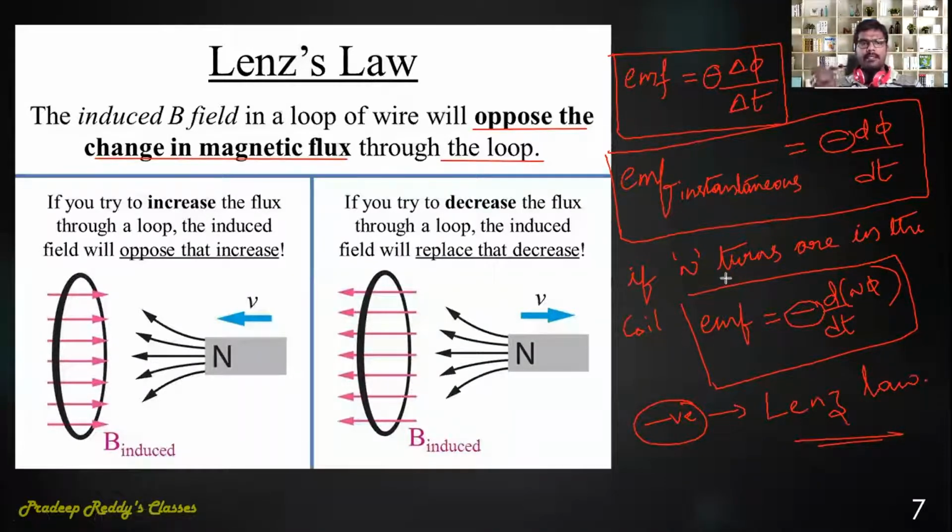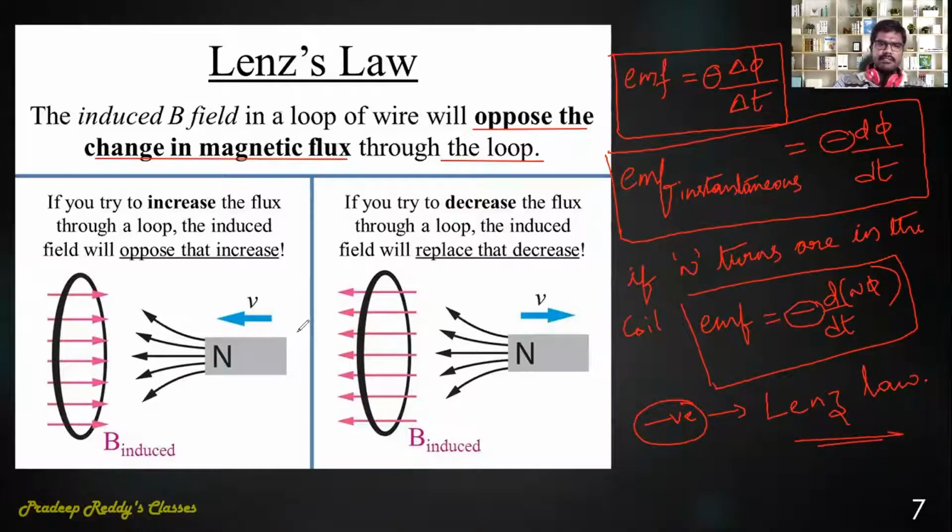So actually the EMF is being produced, but the produced EMF is in the opposite direction to that of the motion of the magnet. So the EMF produced in the coil will be developed in such a way that it is opposing the change in magnetic flux. That's what Lenz's law states.